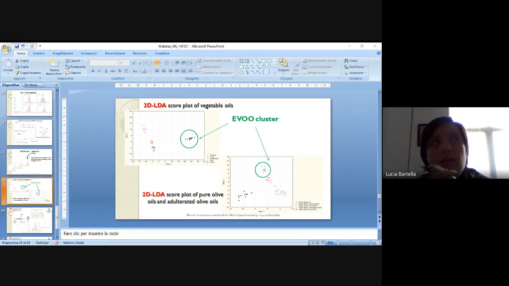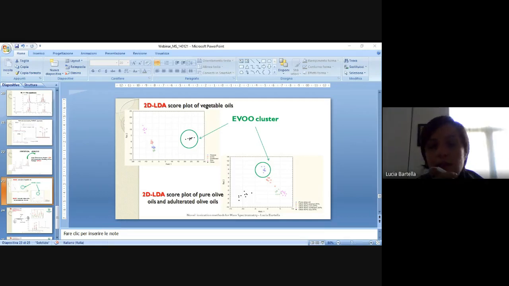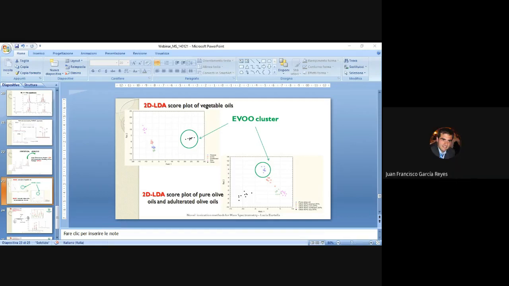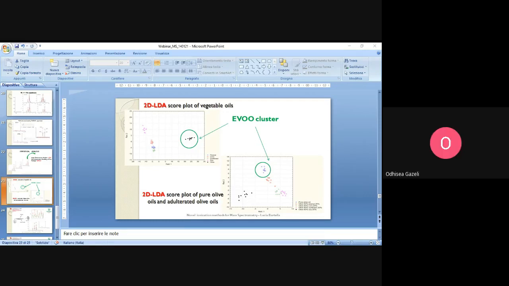Yes, the software has retained only a few variables relative to the ions. But these signals refer to the triacylglycerols. Okay, thank you.